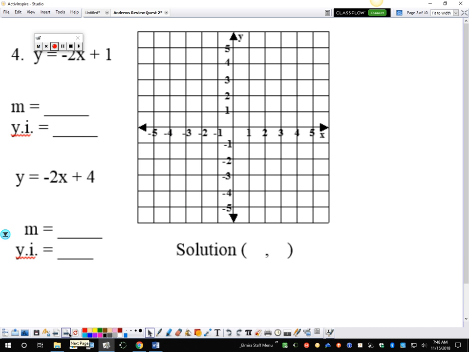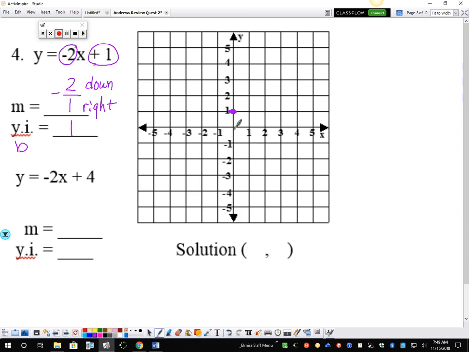Number 4. We have y equals -2x plus 1. So our slope is -2. I need it to be a fraction, so I will put it over 1. Our y-intercept is +1, so it is where I begin. So I will begin on 1. Negative means go down. And, guys, if it's not right, it's wrong.